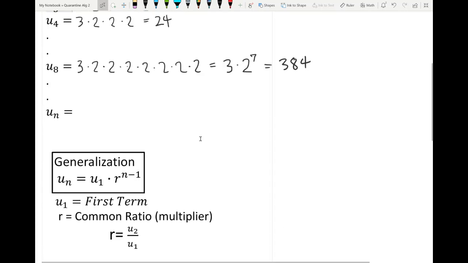So if you want to find the general equation u sub n, it will be 3 times 2. Now how many 2's do we need? We need n minus 1 2's. So it will be 3 times 2 to the n minus first power.